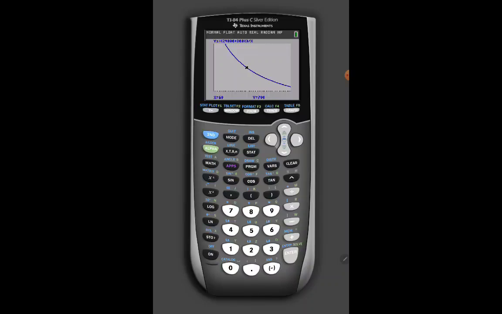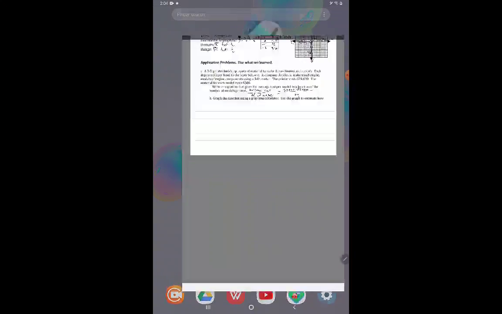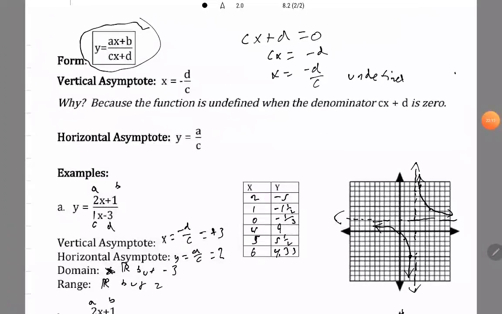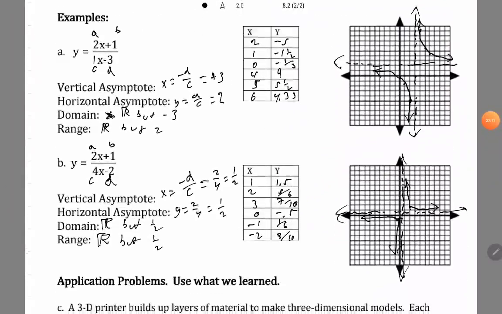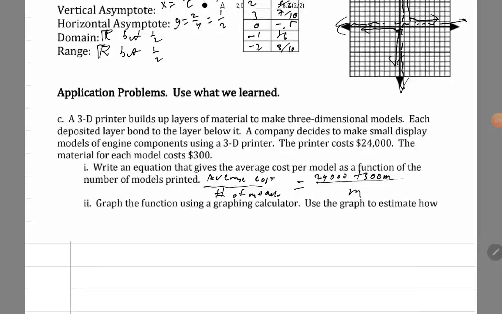So, back to our equation. Graph the function using the graphing calculator, which is what we did, and find out when it reached 700. And that was around 60 models.